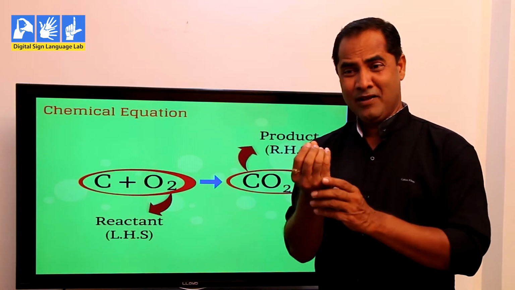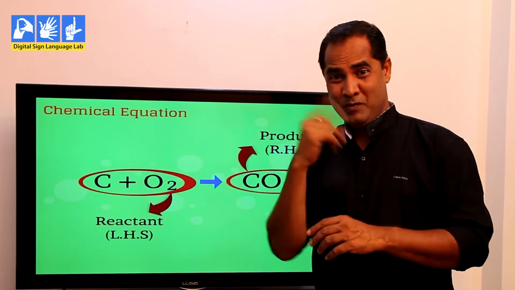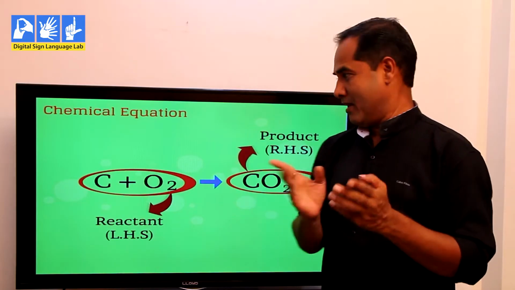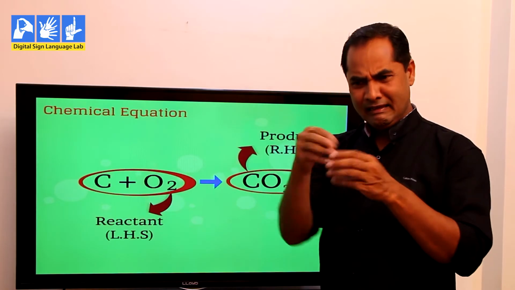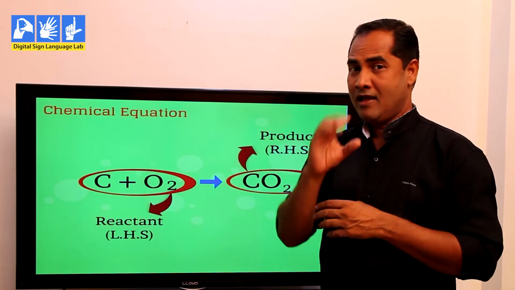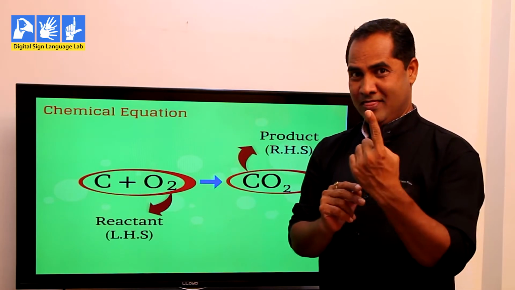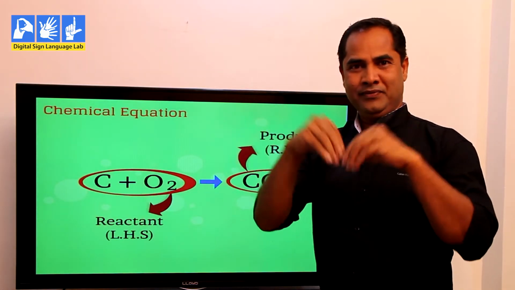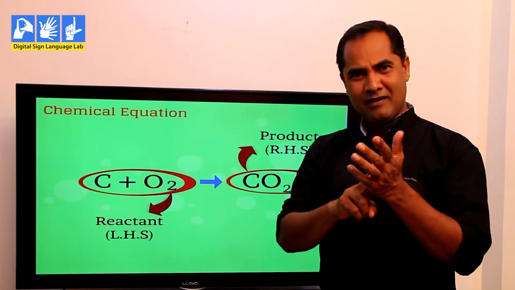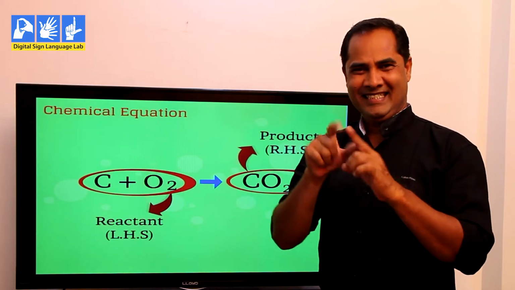I've already explained to you how when coal burns, carbon dioxide is released. This is the same example. CO2. How do we get CO2? What is there inside CO2? It has one carbon plus two oxygen. When you combine those two, we get carbon dioxide.